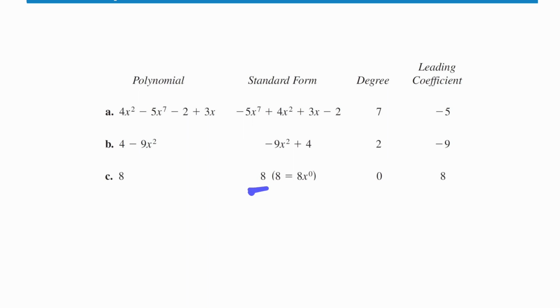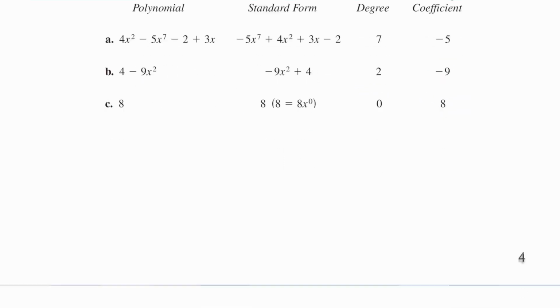Now, this one doesn't even have a variable, but we can write it as x to the 0th power because x to the 0th power would just be 1, and 8 times 1 is just 8. And so we would have the degree there. Notice that the leading coefficient is the number that's attached to the term with the highest power. So that's what degrees are, and that's what leading coefficients are.